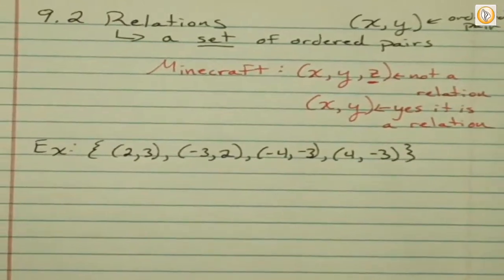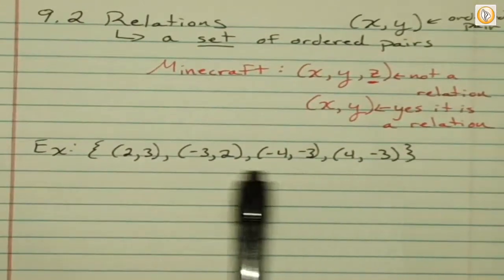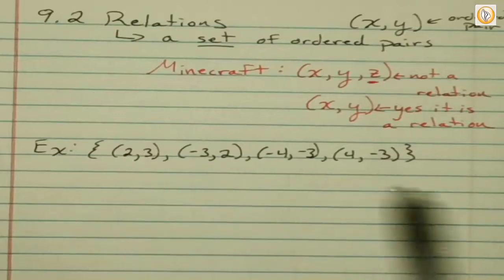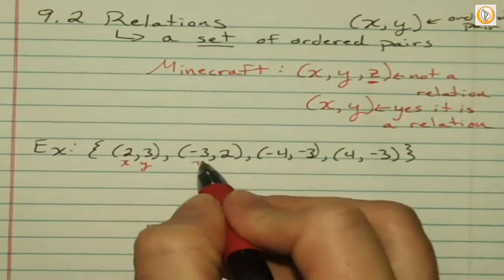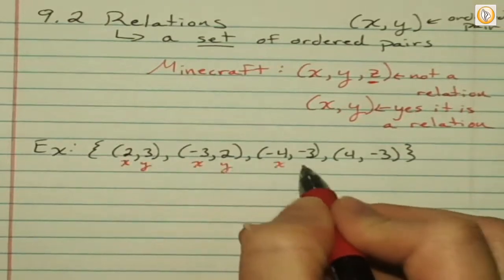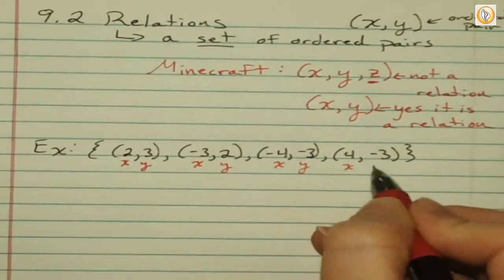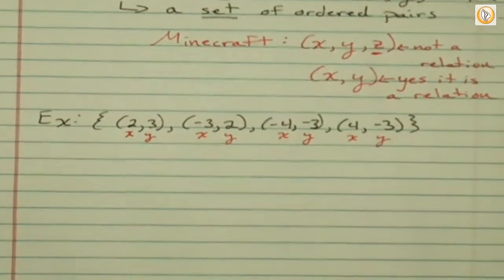That is a relation. It's a set of ordered pairs. Each one has a correct X and Y, and there's no Z or anything else.